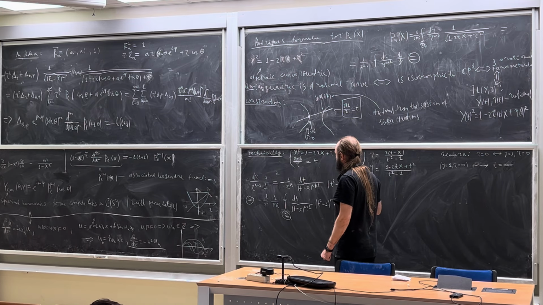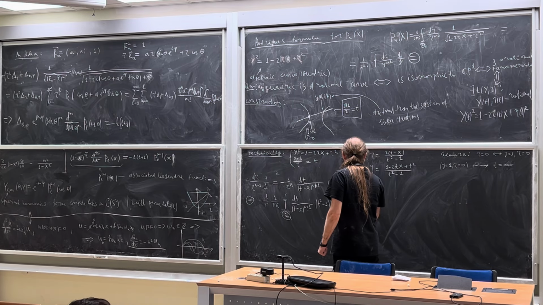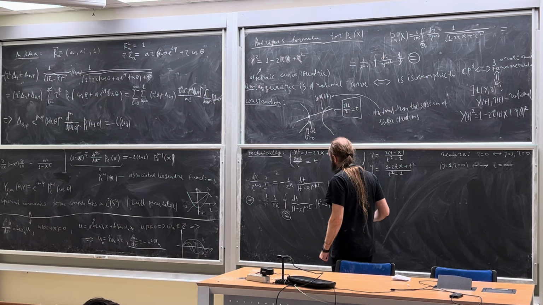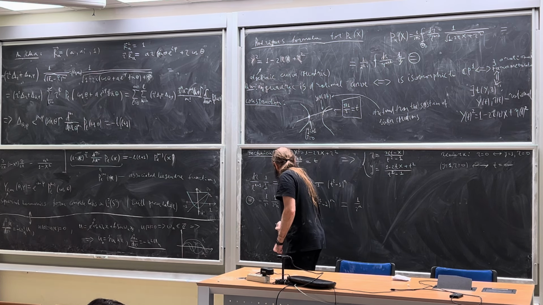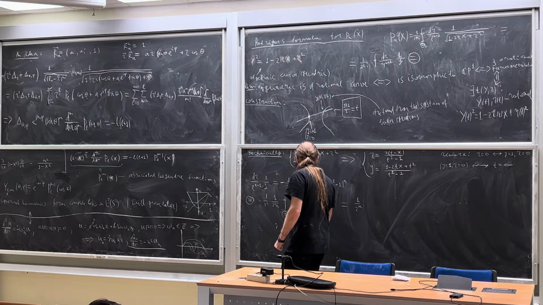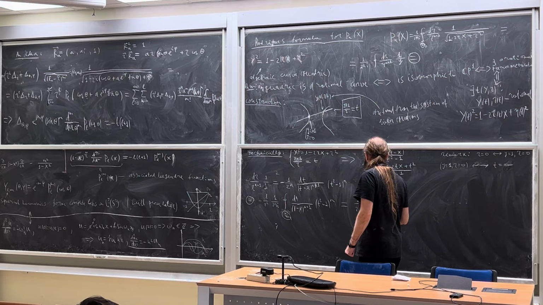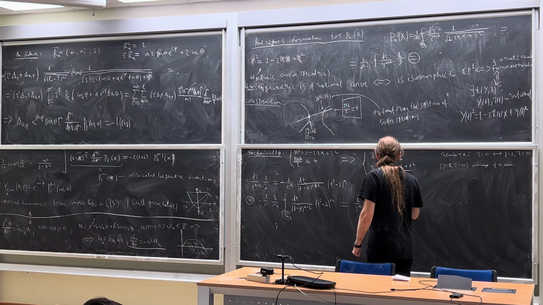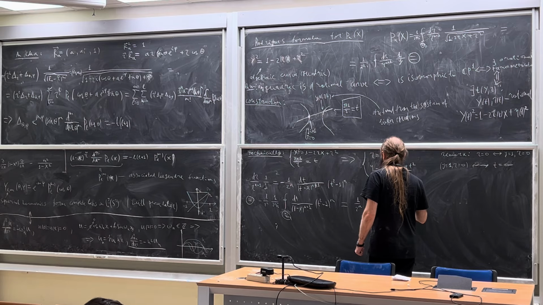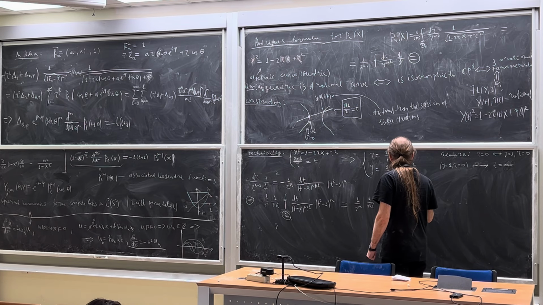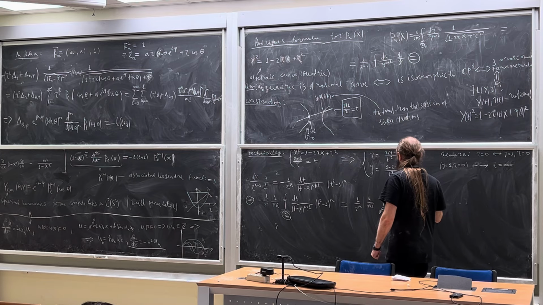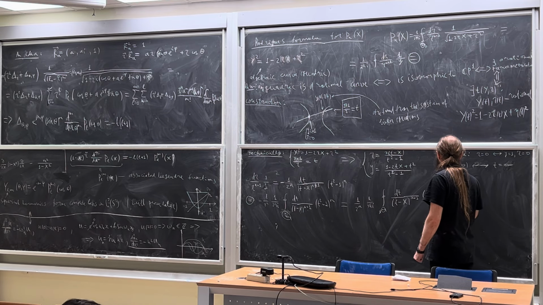So this integral becomes 1 over 2 to the n, because there was another point x somewhere, 1 over 2 pi i, integral around x, dt over (t minus x) to the n plus 1, (t squared minus 1) to the n.